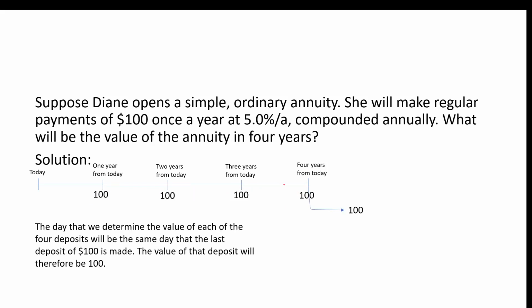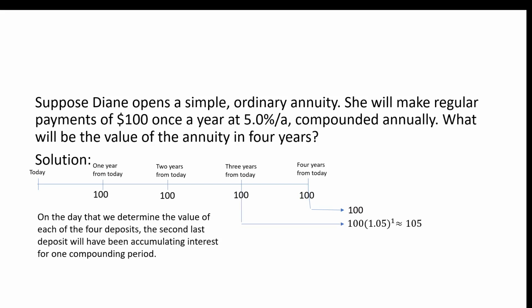Well, on the day that we close this annuity and Diane makes a payment of $100, that payment is obviously worth $100. It's literally contemporaneous with the closing of the annuity. Now, the payment that she makes 1 year before closing will have had 1 year in which to accrue interest at 5% per annum compounded annually, so it'll be worth $105.